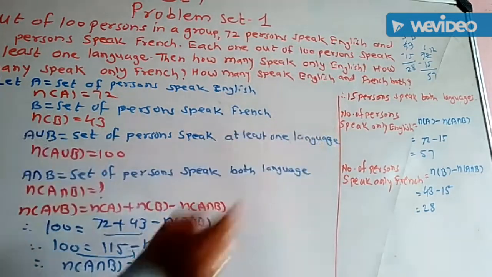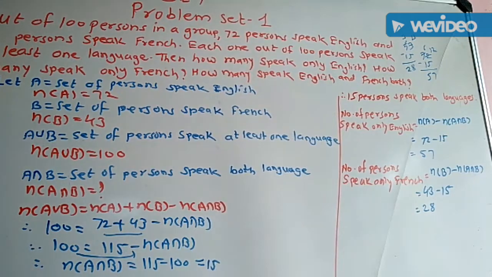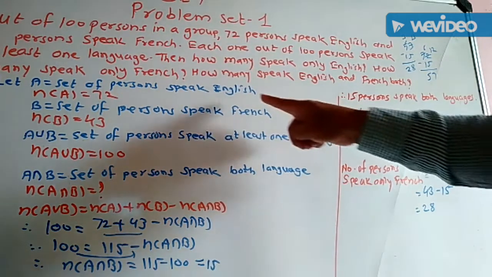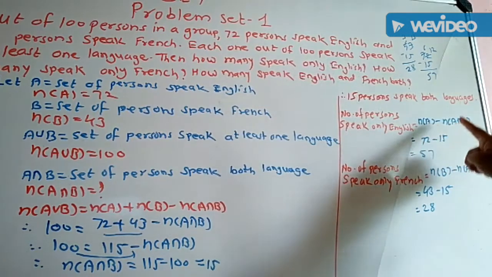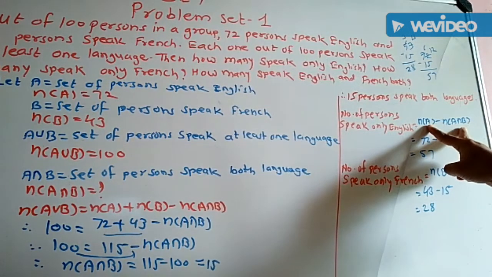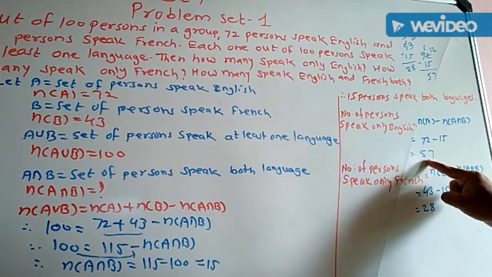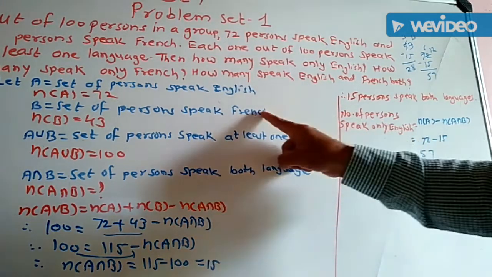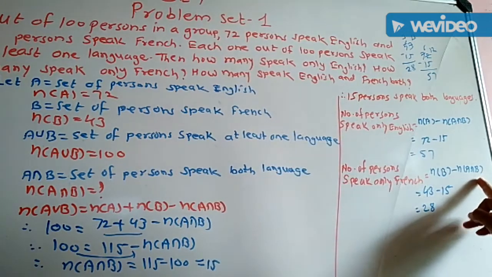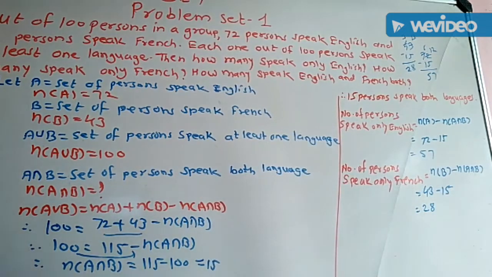Then we have to find the number of persons who speak only English. n(A) means the number of persons who speak English, and n(A intersection B) means the number of persons who speak both languages. We take the subtraction of both, 72 minus 15, 57. Then the number of persons who speak only French: n(B) minus n(A intersection B), 43 minus 15, that is 28, which we had to find.